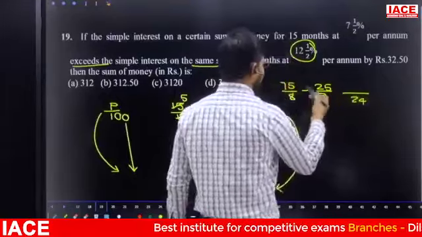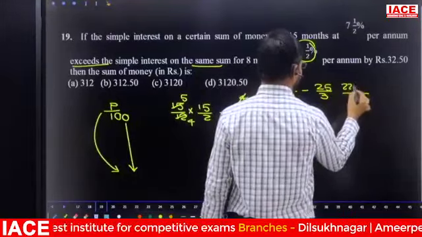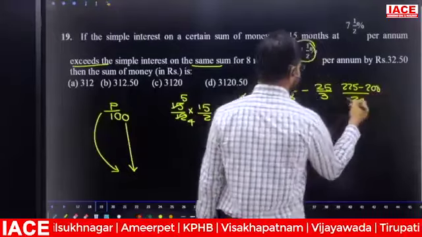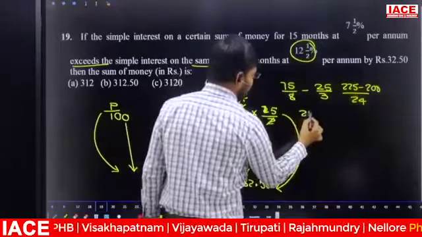So 8 3s are 24, 225 minus 200. That is nothing but the difference, 25/24.